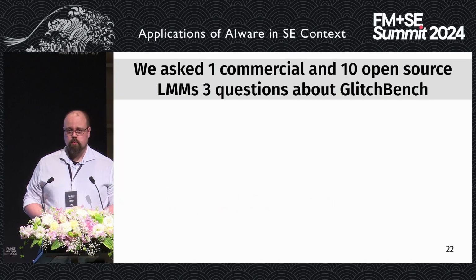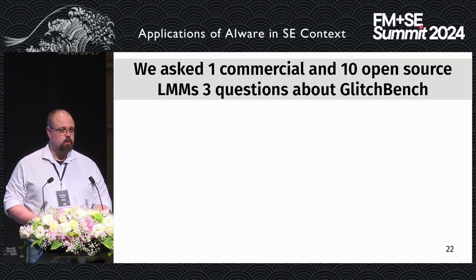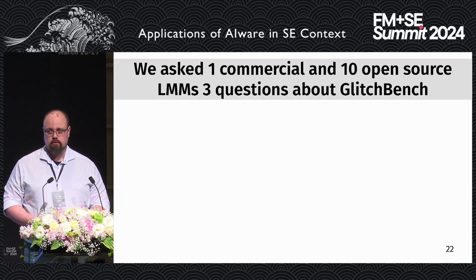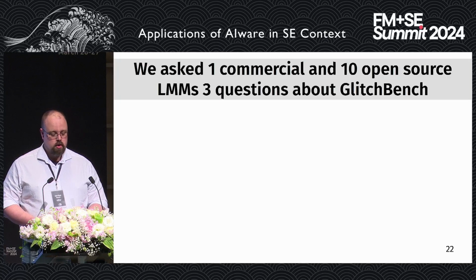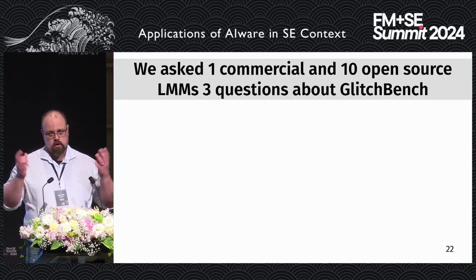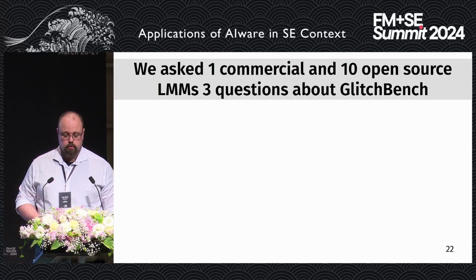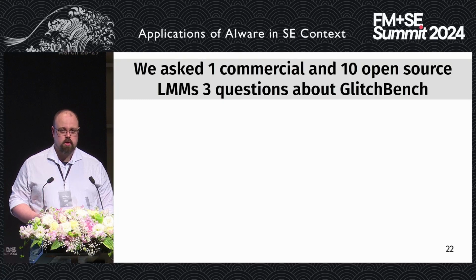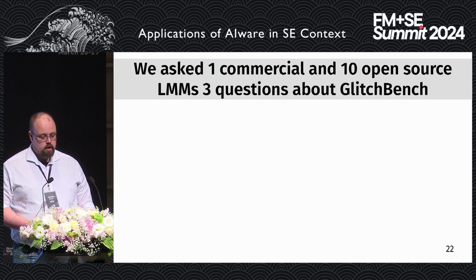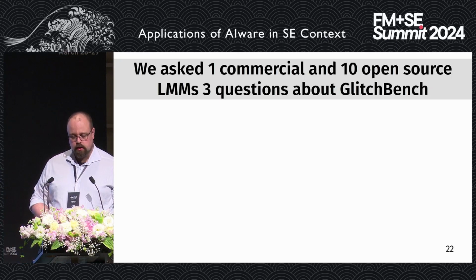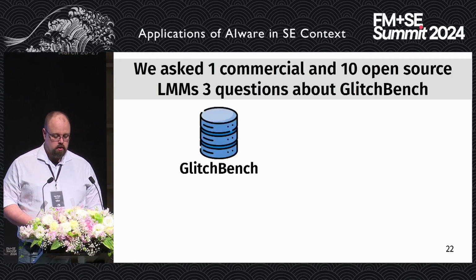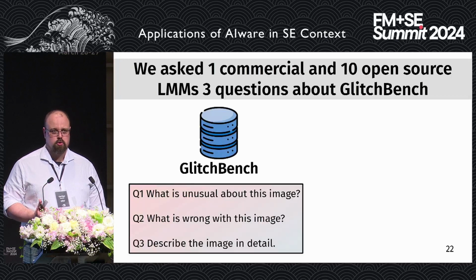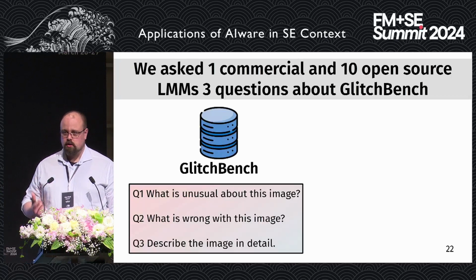So what we did was we used the data in GlitchBench to evaluate the bug detection capabilities of 11 foundation models. So we looked at one commercial model, clearly GPT-4, and 10 open source models like LLaVA, Qwen, BLIP, and 7 other ones. And we asked them 3 questions about the data in GlitchBench. Okay, so the first question is what is unusual about this image? The second question is what is wrong with this image?